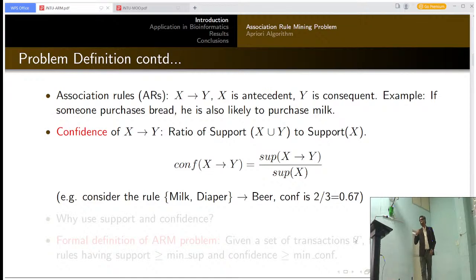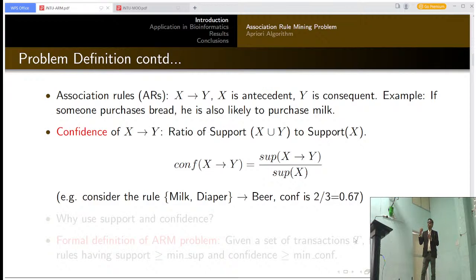In simple terms, it is like this: in how many transactions you are purchasing X, out of those, in how many transactions you are also purchasing Y. For example, bread implies milk is a rule. First you count in how many transactions bread appears, and among only those transactions whether milk also appears.